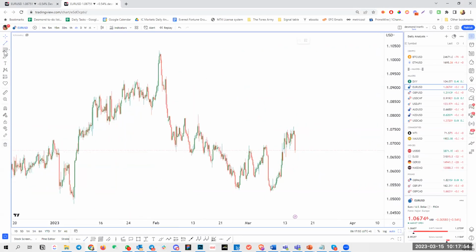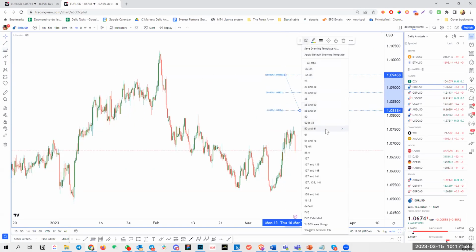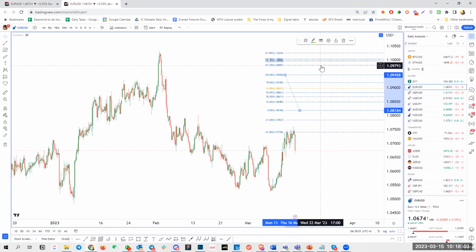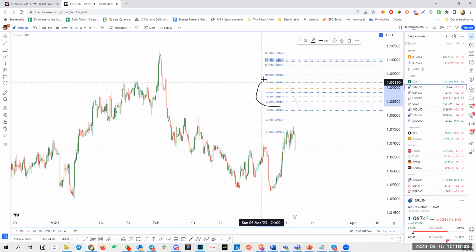I usually have my Fibonacci retracements set up so that when I draw it, I have all the different Fibonacci levels over there. When I use all fibs, it actually shows me everything. The middle part is what I call Fibonacci retracement. Once it retraces beyond the 100%, this is what we call Fibonacci extension, EXT.